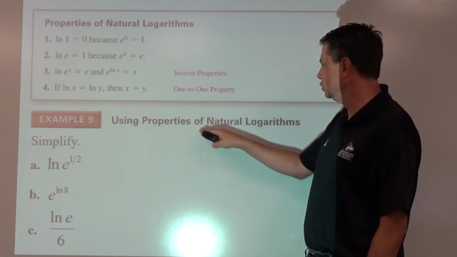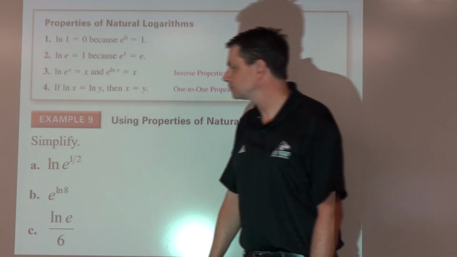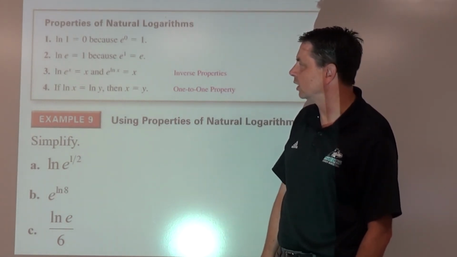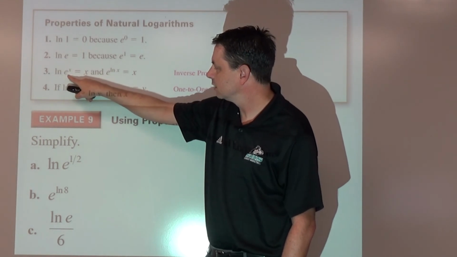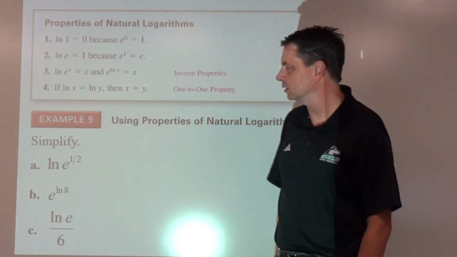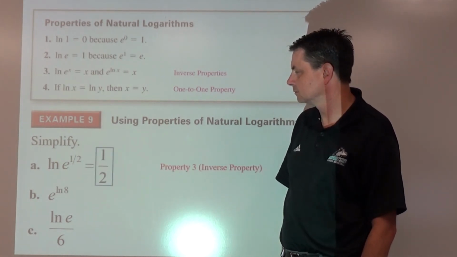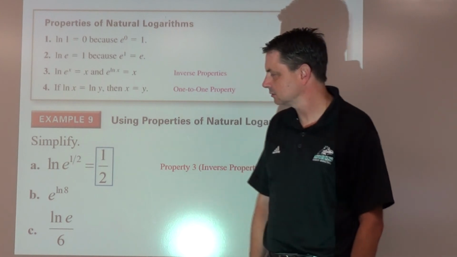Example number 9. Use the properties of natural logarithms to simplify. Part A, natural log of e to the 1/2 power takes us to here, where natural log and e cancel out. The answer is the exponent. Part B, e to the natural log of 8.